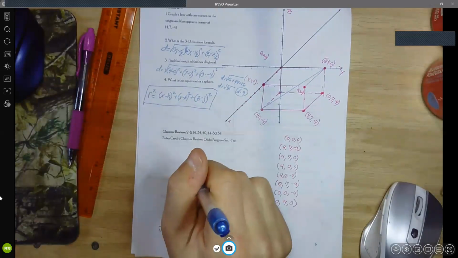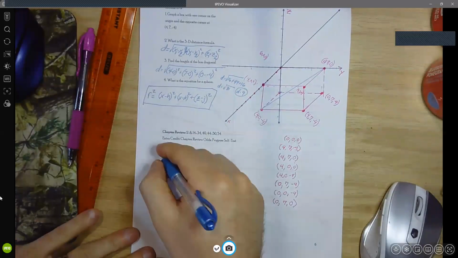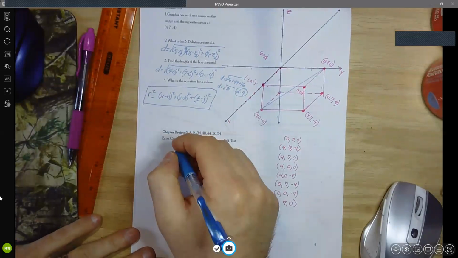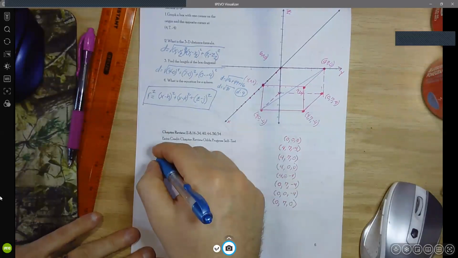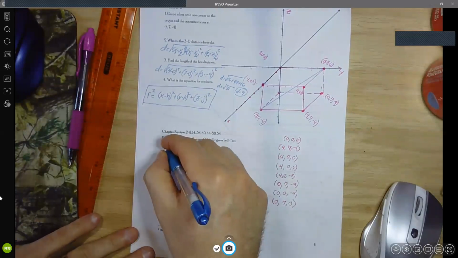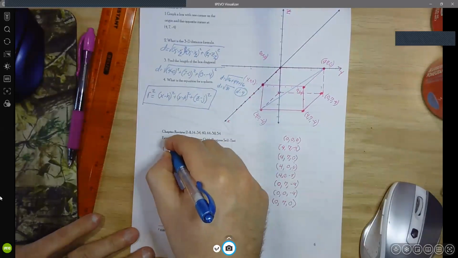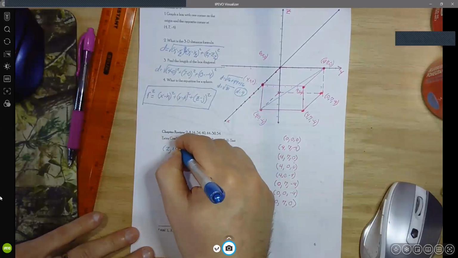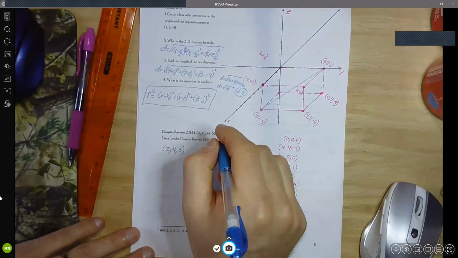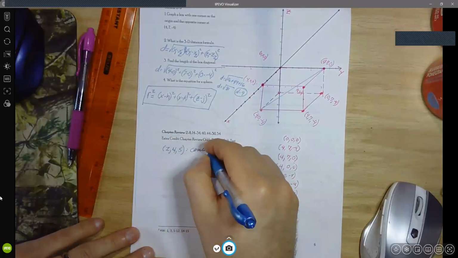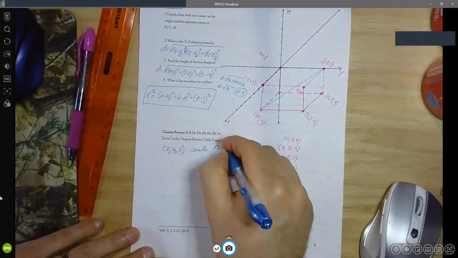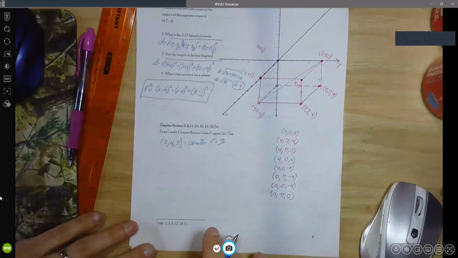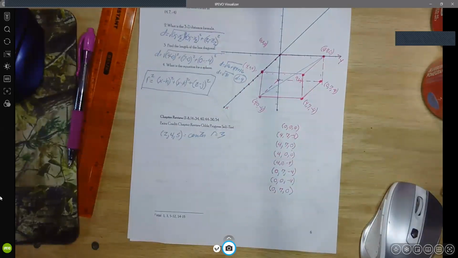All right, so let's use this space down here and take an equation for a sphere. So if I have a center of (2, 4, 5), let's say, is the center of my sphere, and my radius is 3, and I say, find me some lattice points of this sphere.